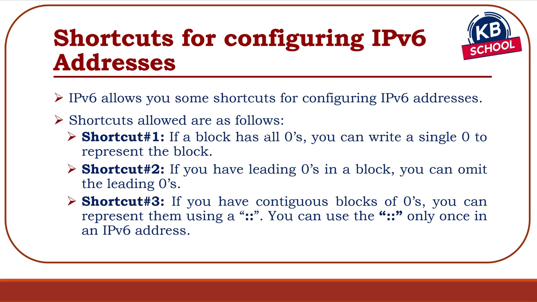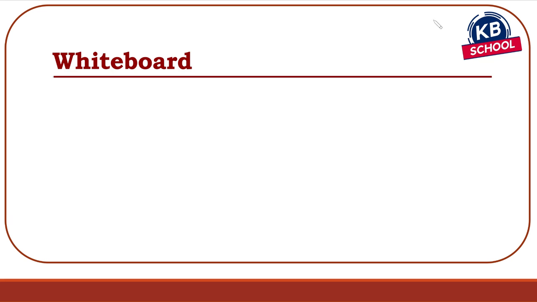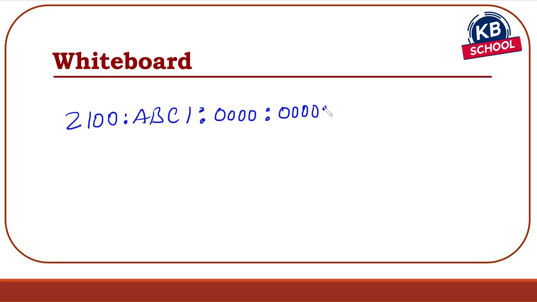What is that? Now, in a situation where you have a bunch of all zero blocks, so for example, if I had 2100 followed by ABC1 as an example, one to AB, 1211, 911A.